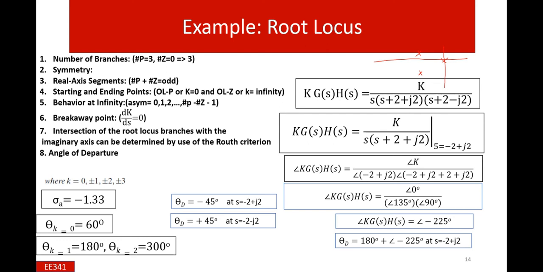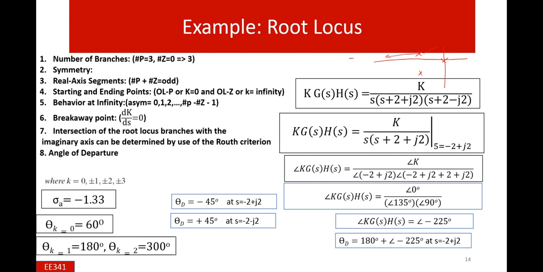We will find the angle of departure for both complex poles, and at what angle this pole departs when we vary the values of k. So this is the simplest way. We can even use geometry to find the angle, but this is first of all, and this is the pole.